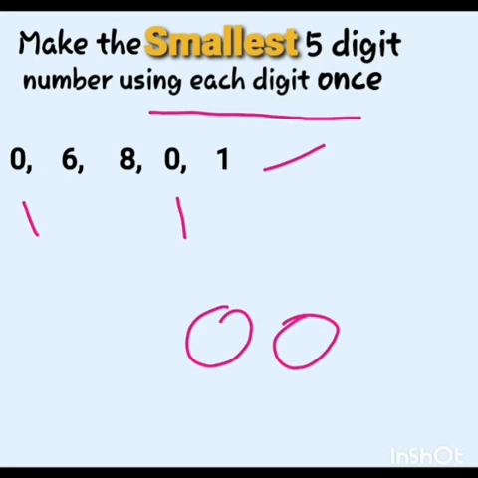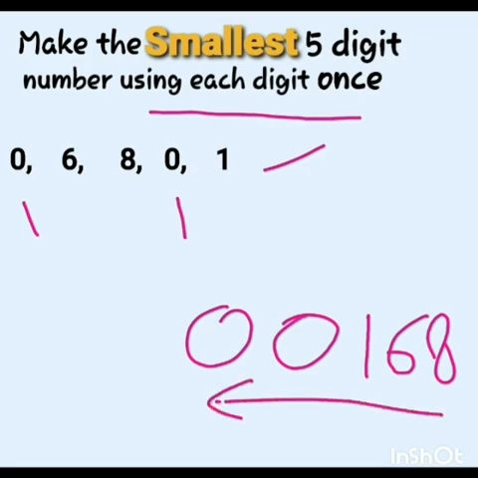I have a 1, so I write 1. Then I have 6, so I write 6. Then I have 8, so I write 8. So, these are the digits arranged in ascending order.